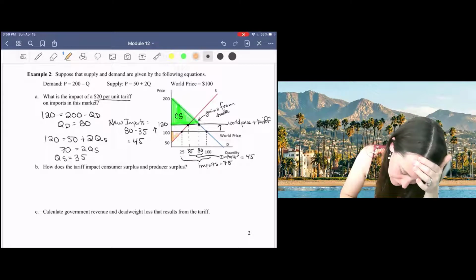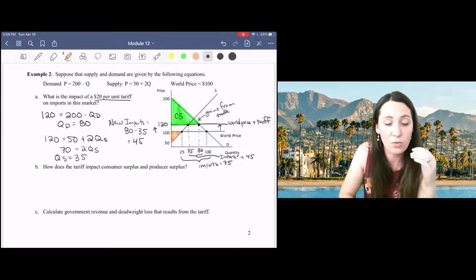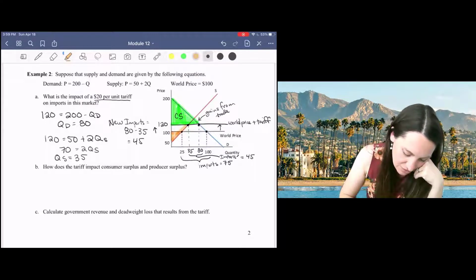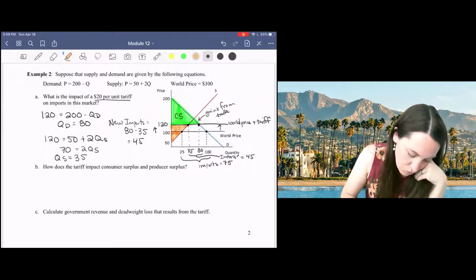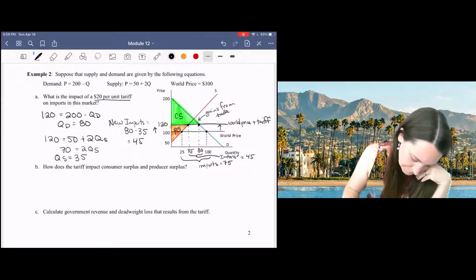And you can also see that producer surplus is increasing, right? With open trade, producer surplus was equal to this triangle below the world price and above the supply curve. But now that we've increased the price at which we can sell the product and allowed for more domestic production, producer surplus is increasing.